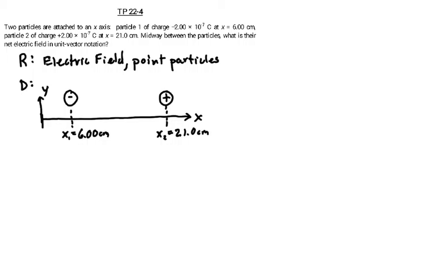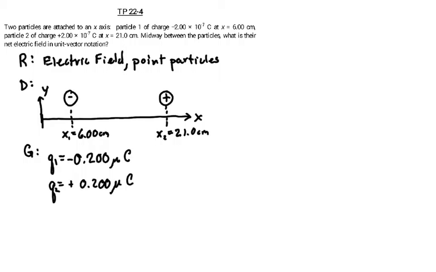Alright, now do we have any assumptions to make? Oh, first we have to do our givens. Givens, we are given the charge on particle 1 and particle 2 as well as their positions. And I have the positions listed up here, so I'm just going to do the charges. Alright, so I have my charges given a little differently, but they are still equivalent.